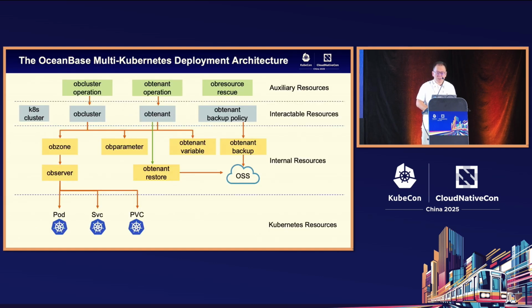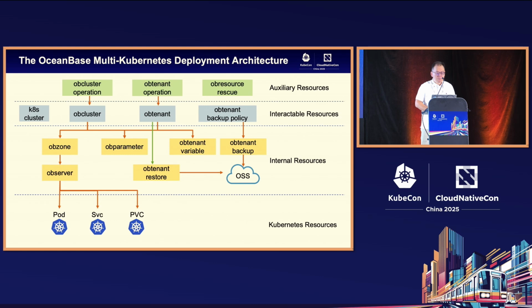To manage OceanBase in Kubernetes, we built a dedicated operator. We use custom resources mapped directly to the OceanBase internal architecture. At the top, there is an OB cluster, which manages the entire system. Then, we have OB zone, which represents the zone holding one replica of the data.